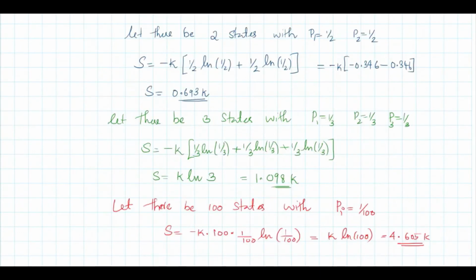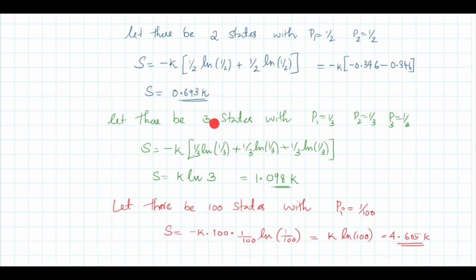That is the entropy equation. So minus K times half log half plus half log half will give you minus K into minus 0.346 minus 0.346. You will get it as 0.693 K, where K is the Boltzmann constant.